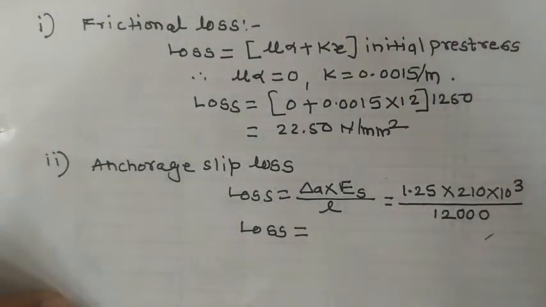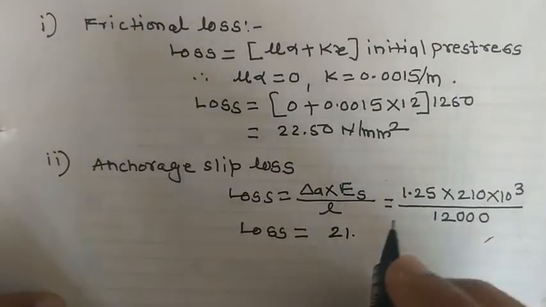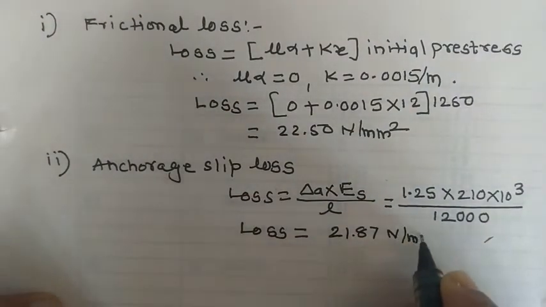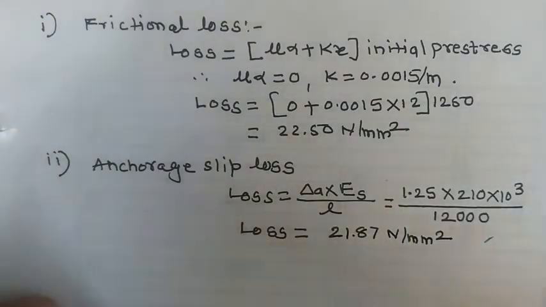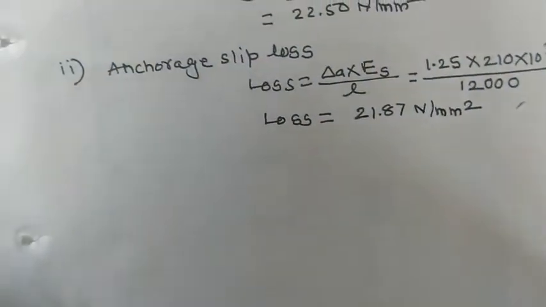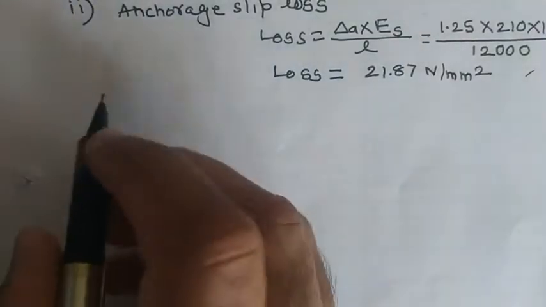Let us check this value. The answer is 21.87 Newton per mm square. So this is the loss due to anchorage slip. Now you have to find out the third loss.